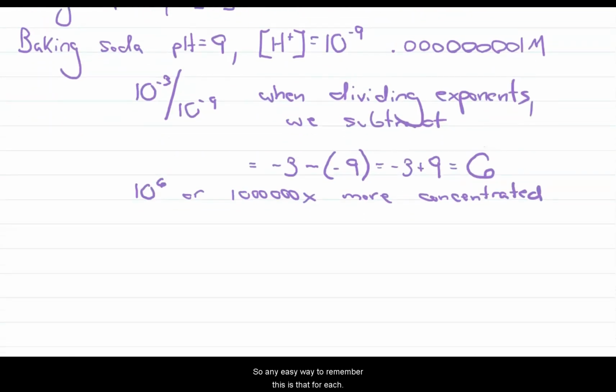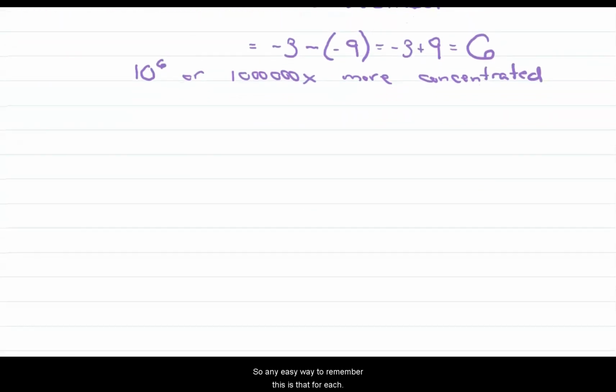So an easy way to remember this is that for each number in the pH scale, that represents a multiple of 10. So if I have my pH equals 3, I know that that's more concentrated than my pH of 9.